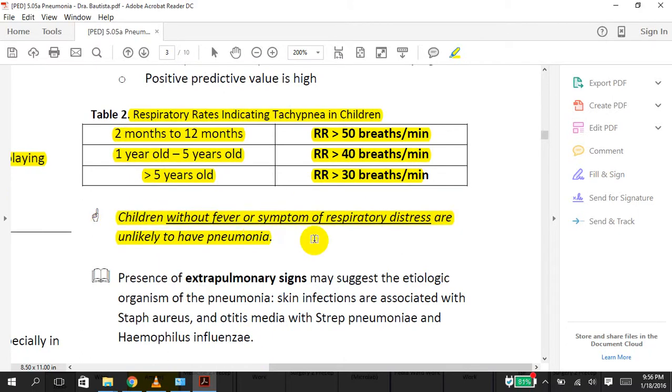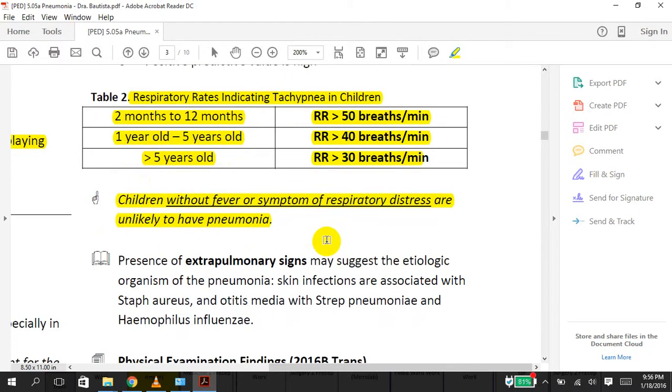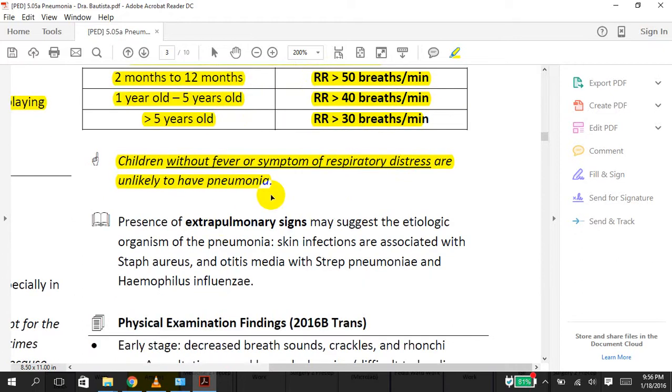One important consideration is if the pediatric patient does not have fever or any symptom of respiratory distress. For example, the only complaint is cough, and the patient does not have fever. And then when you look at the age of the patient and get the respiratory rate, it's normal, then probably the patient has a different illness, not necessarily pneumonia.